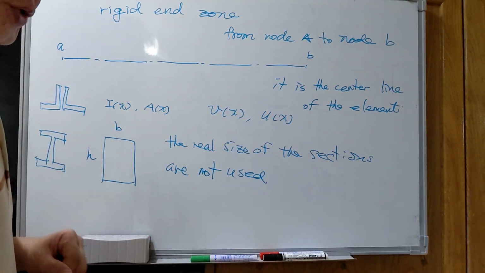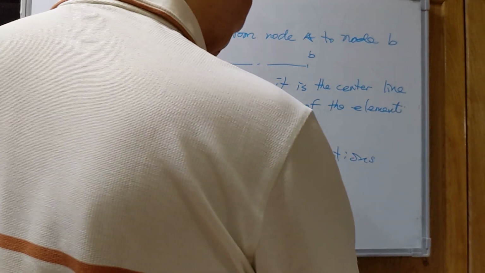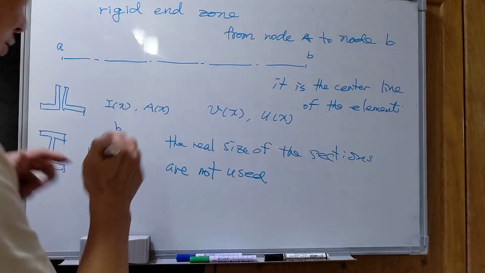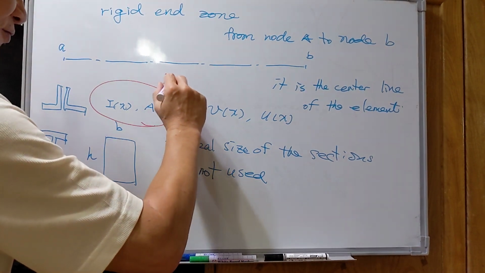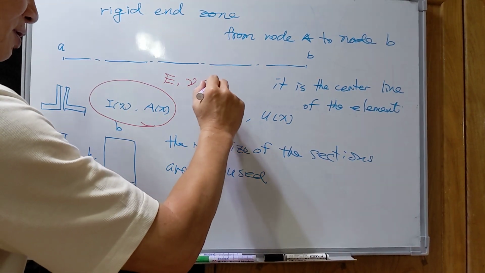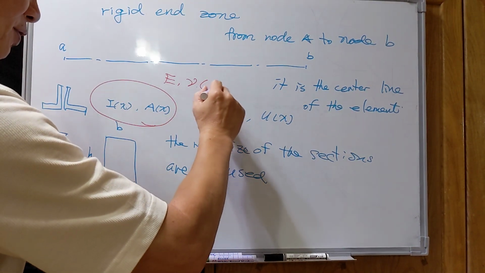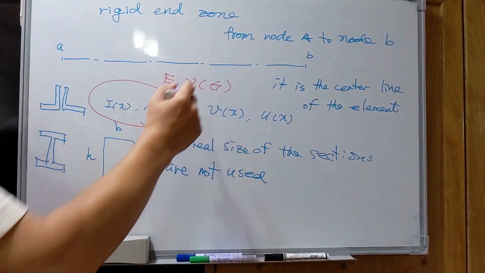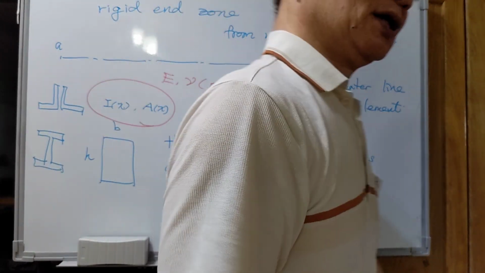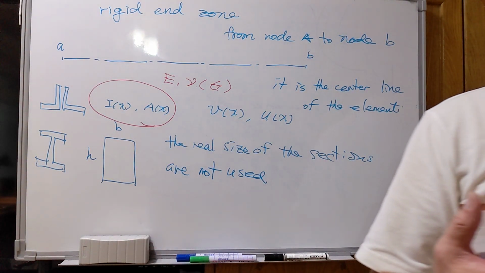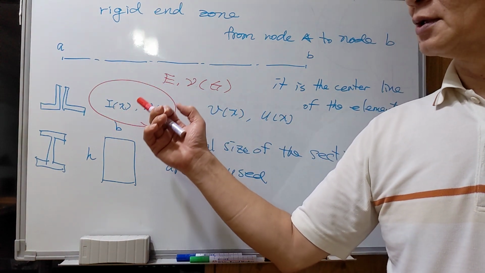Actually, we define the locations of the center line, and for the center lines we need to know the sectional property. Of course, we still have the material properties, for example the Young's modulus, Poisson's ratio, or shear modulus. That's all the data the users need to tell the program.